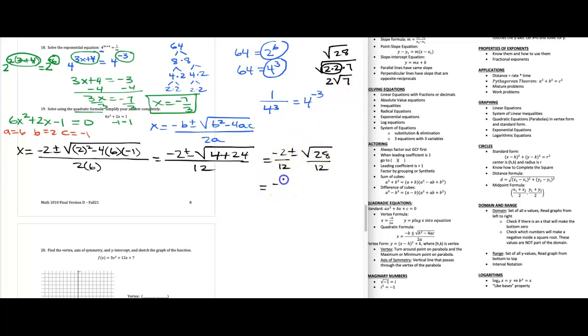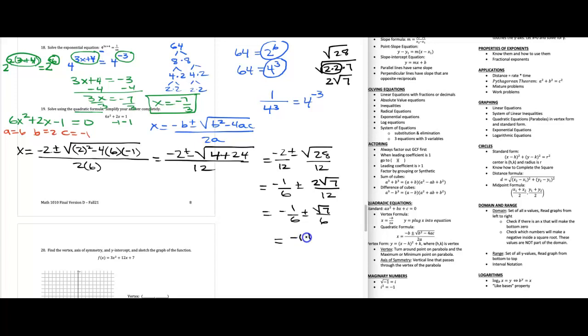So this would simplify to be negative 2 plus or minus 2 square root of 7 all over 12. And then that could simplify to be, divide by 2, so I get negative 1/6 plus or minus square root of 7 over 6. And like I said, if you wrote it in the end, on this one it doesn't matter.